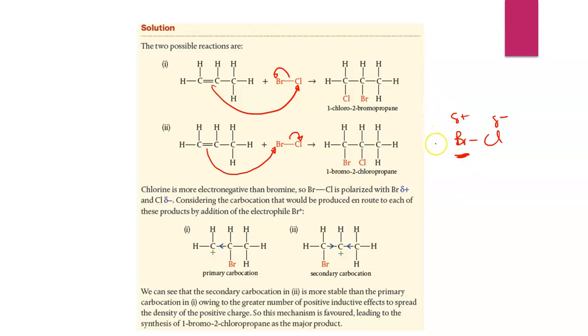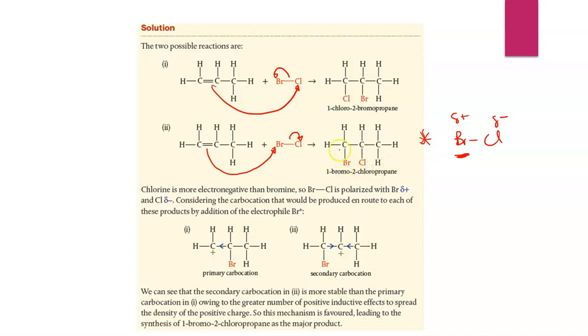So we should end up with this one being our main product, because the bromine will leave a secondary carbocation available for the chlorine to attack, leading to the synthesis of 1-bromo-2-chloropropane.